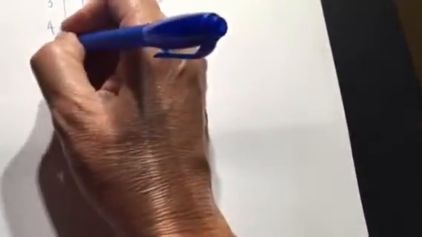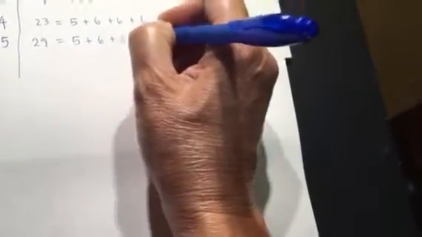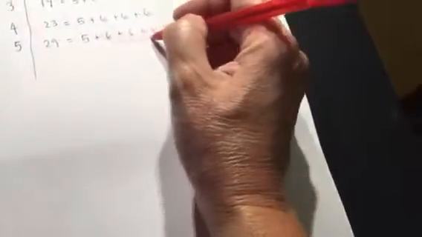The fifth term was 29. But don't look at 29. Look at how you got 29 from the previous term. You added 6. Previous term was 5 plus 6 plus 6 plus 6, so one more plus 6. Look for a connection between the number of 6's.